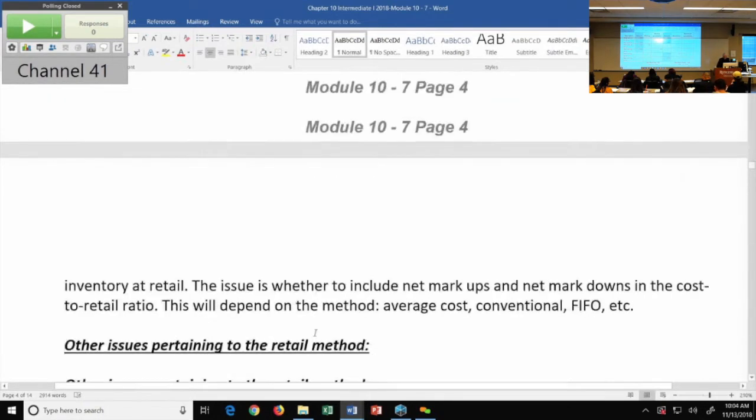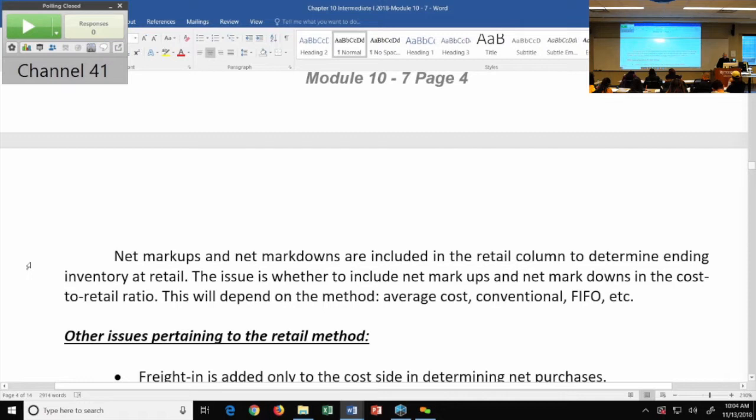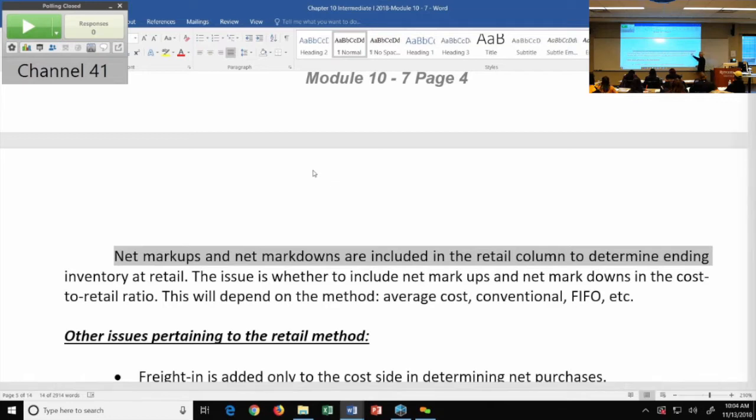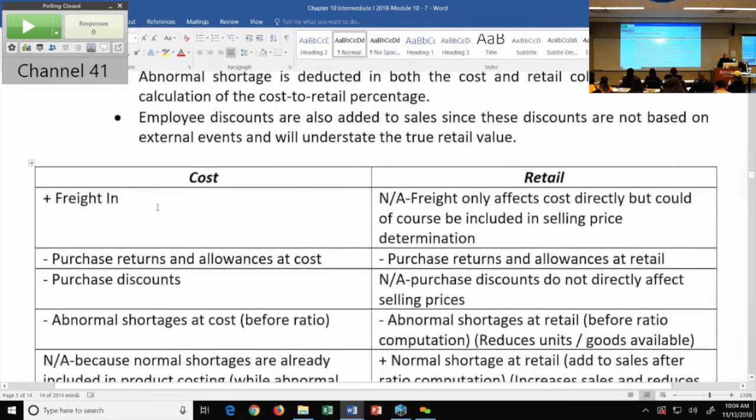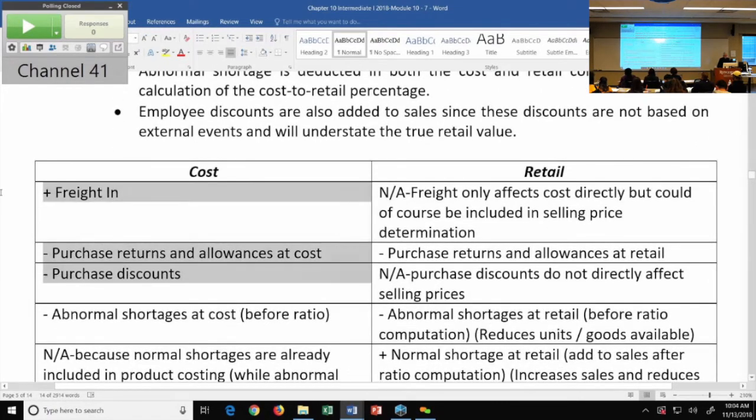Now, just one other thing: yes, markups and markdowns are a critical piece of this. We will add them to the retail column. There are some other issues you have to be aware of. I'm not going to ask you to do all of these, but just remember from basics of accounting that freight in gets added to the cost of inventory.